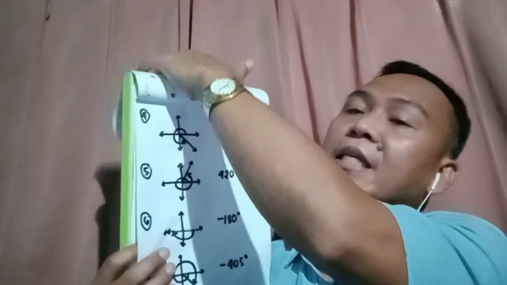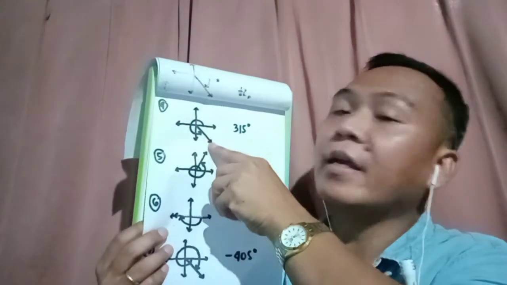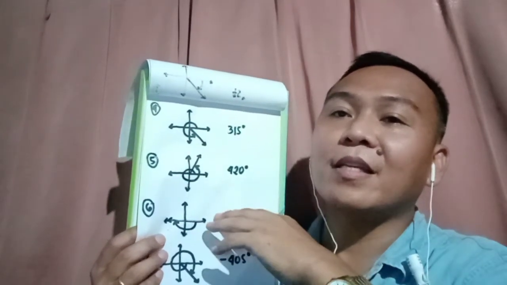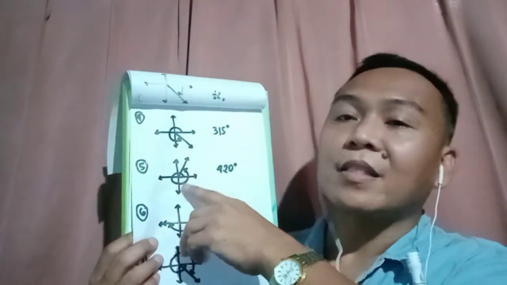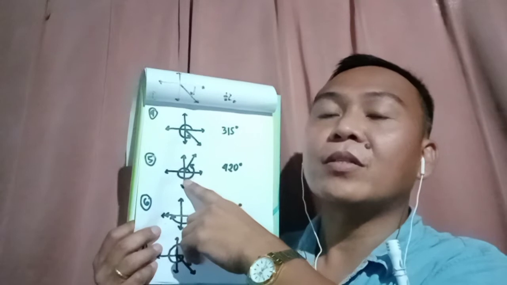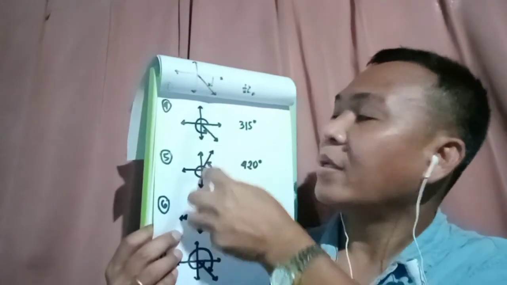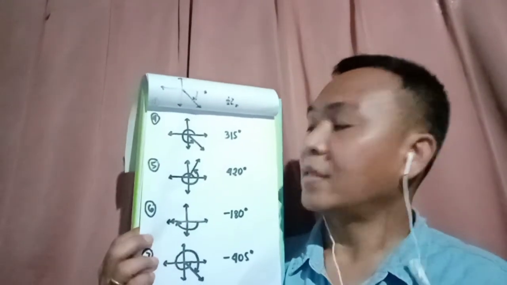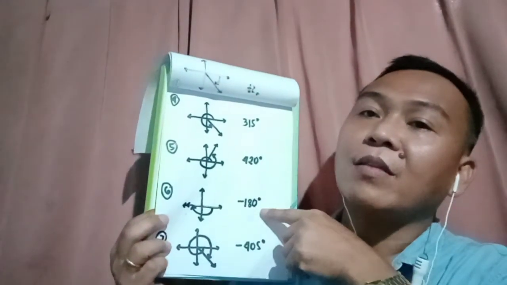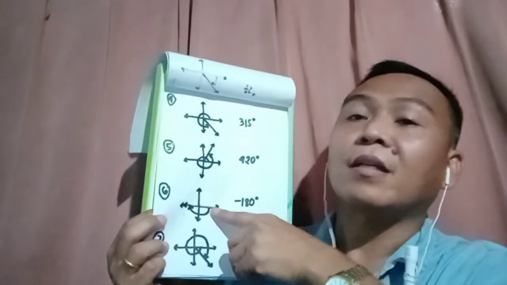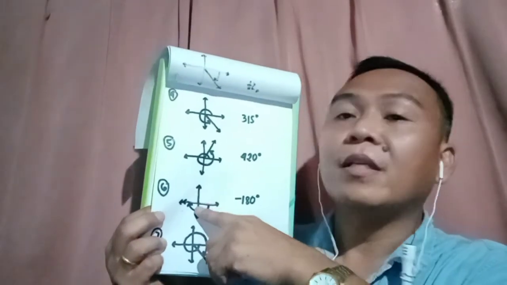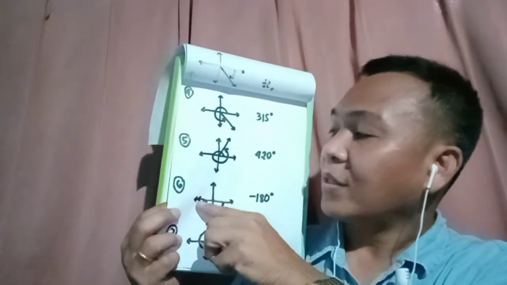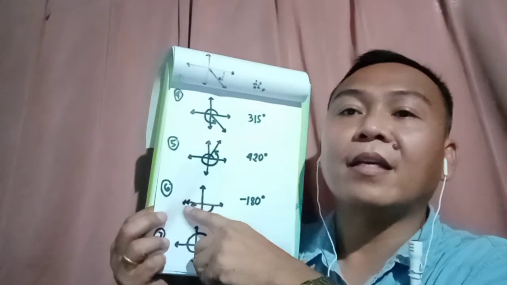Number 4 is not a quadrantal angle because the terminal side does not lie at either x or y axis. How about number 5? This is again an angle in standard position but not quadrantal because its terminal side does not lie at either x or y axis. But in number 6, though it is negative 180 degrees, take note it started at the positive x-axis, the vertex lies at the origin of the Cartesian coordinate plane, and its terminal side lies at the negative x-axis.